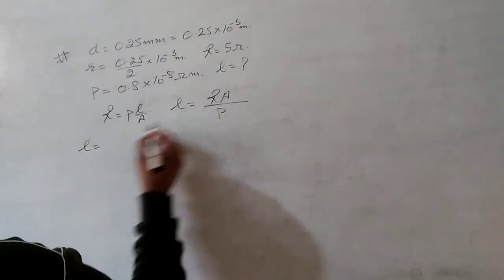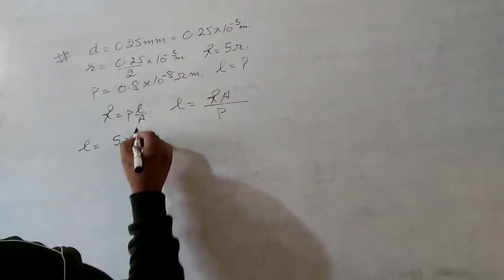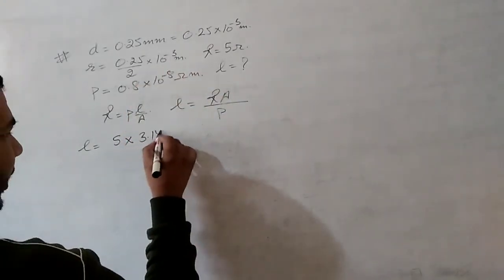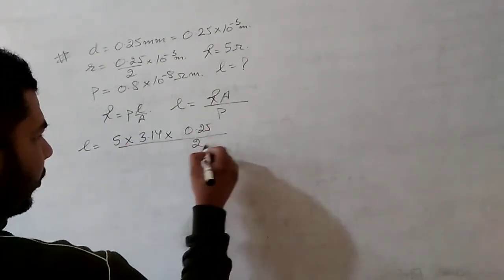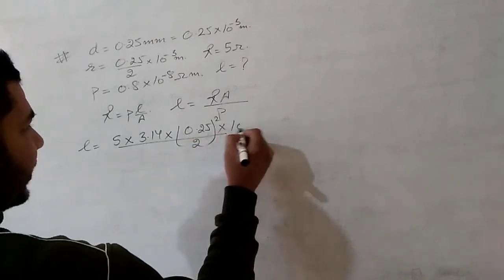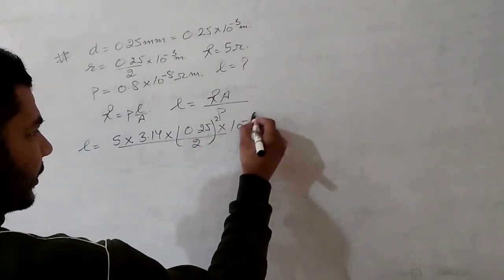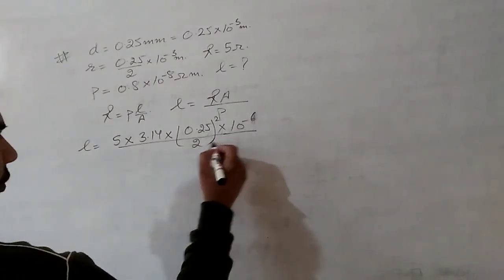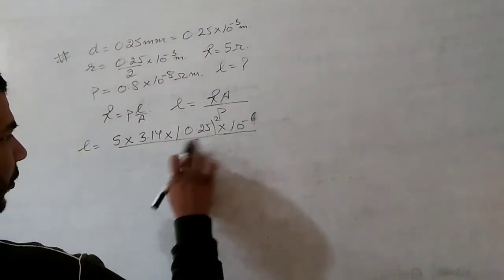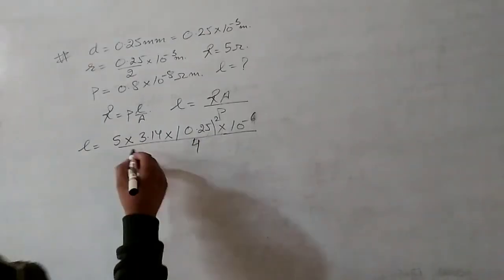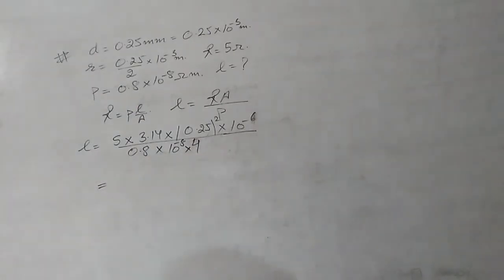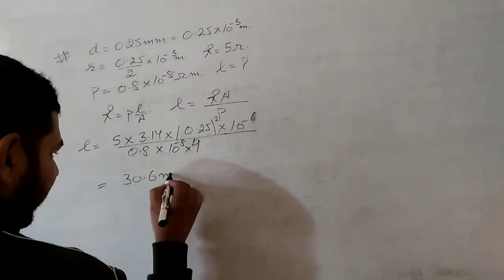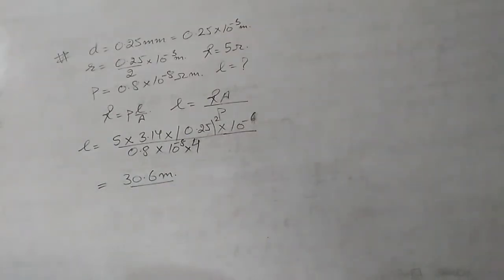So L is equal to R, 5 ohm, into area, pi into r square, 0.25 by 2 into 10 raised to power minus 6, upon rho, 0.8 into 10 raised to power minus 8. After calculation, we are getting the answer 30.6 meter length.